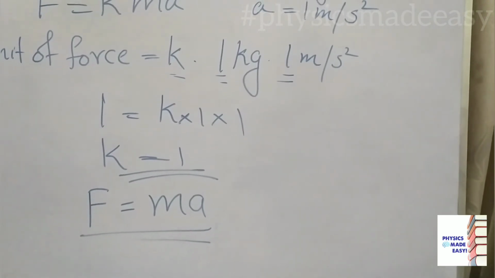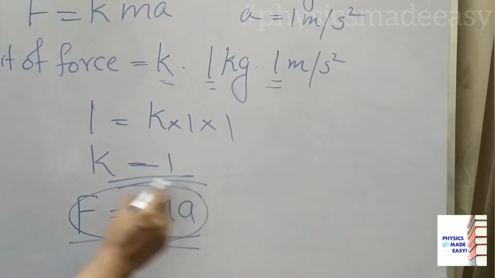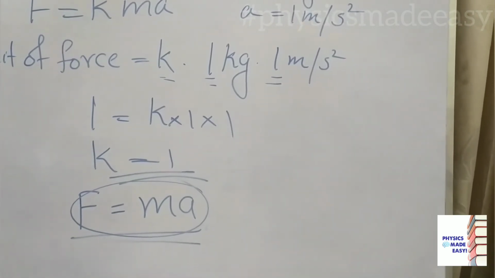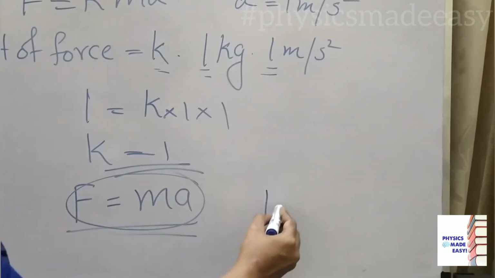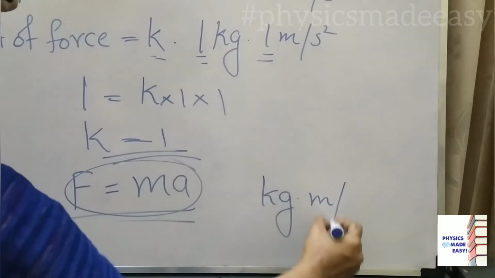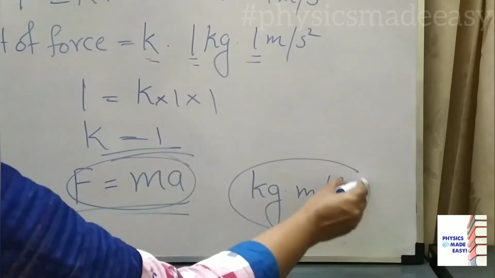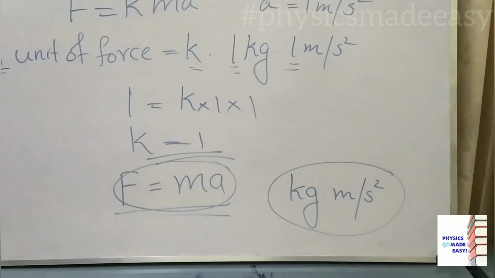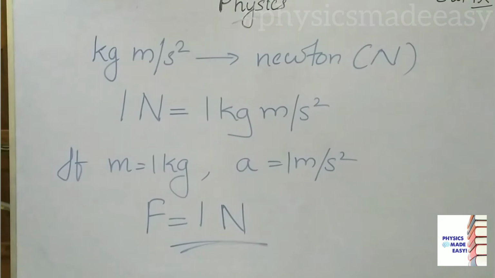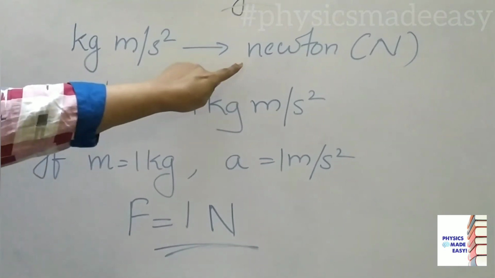Then what is the SI unit of this force? I told you, no, from the equation we can write the unit of force. Here you can see mass, SI unit of mass kilogram, SI unit of acceleration meter per second square. So kilogram meter per second square is the unit of force. For this kilogram meter per second square, we can use Newton also.